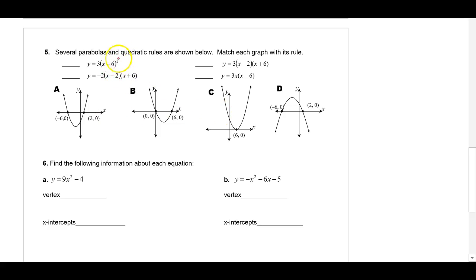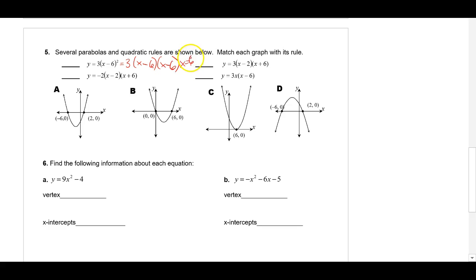Okay, so this first one, remember that x minus 6 squared is actually the same thing as x minus 6 multiplied 2 times. So I'll rewrite it that way. So then the x-intercept for this equation should be x equals 6.